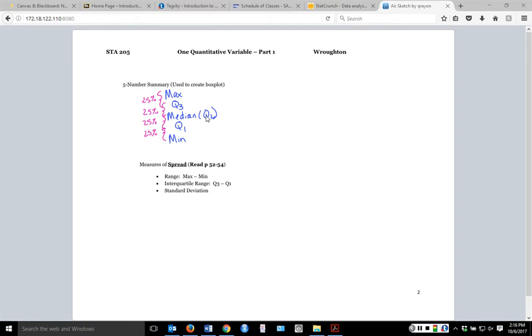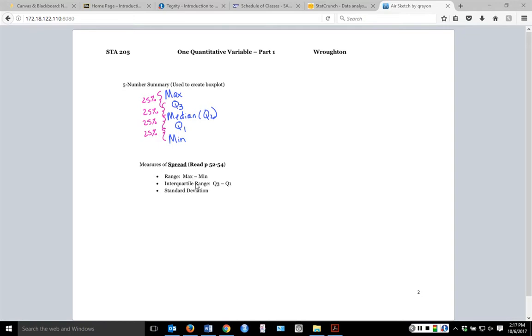Now we also want to talk about measures of spread. The first one you've probably seen before is the range, which is just your maximum minus your minimum. It's one of the first ones we talked about because it's one of the easiest to calculate and for students to truly understand. Now we can go a little bit further since we're in college at this point.